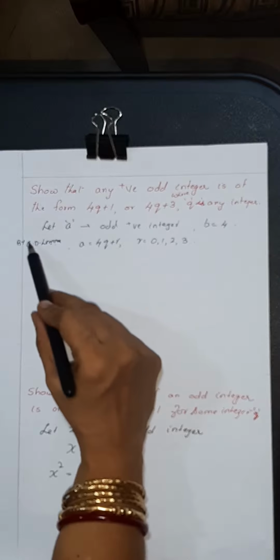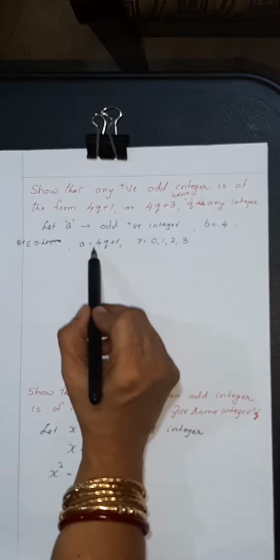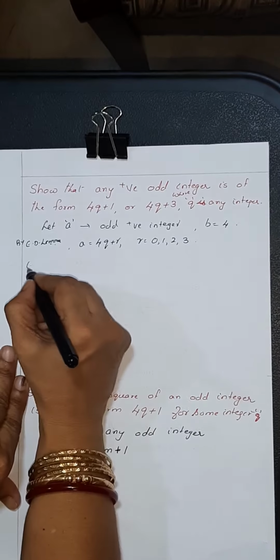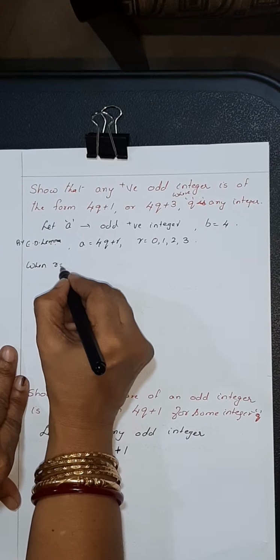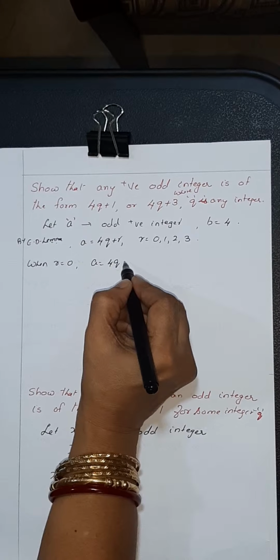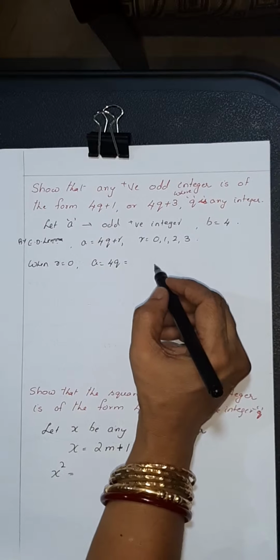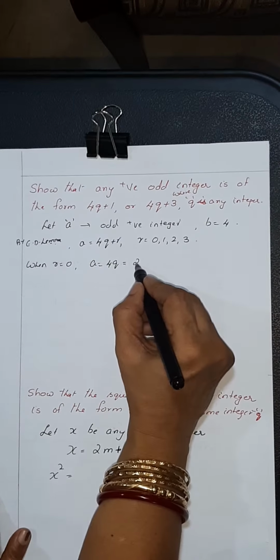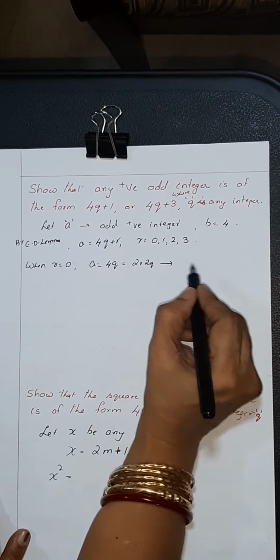By Euclid's division lemma you can write a is equal to 4q plus r, where r is equal to 0, 1, 2 and 3. When r is equal to 0, a is equal to 4q. You can write this as 2 into 2q. So this is even.